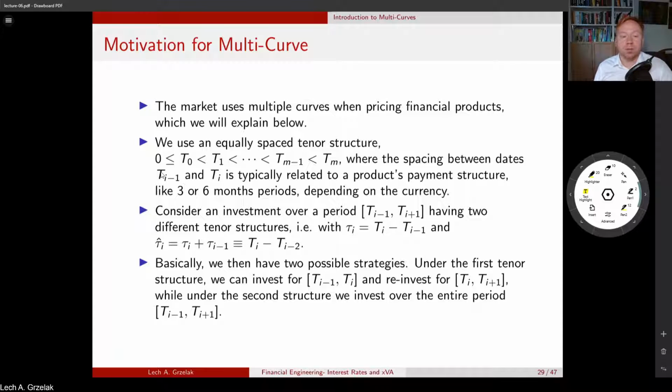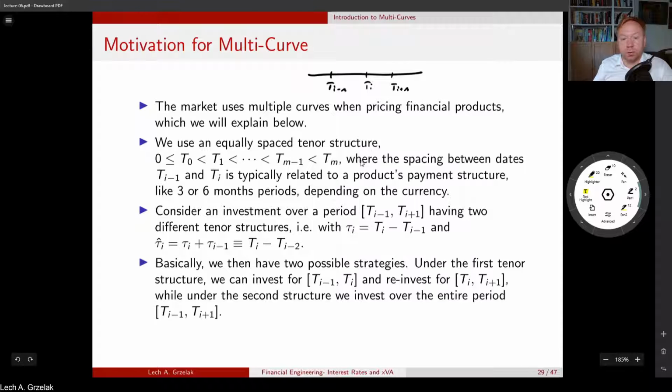So let us consider a tenor structure, actually 2 tenor structures. We have some interval t_{i-1} and t_{i+1}, and we consider 2 tenors. The first tenor goes from t_{i-1} to t_i, and here we have t_i, and the second is t_{i+1}.